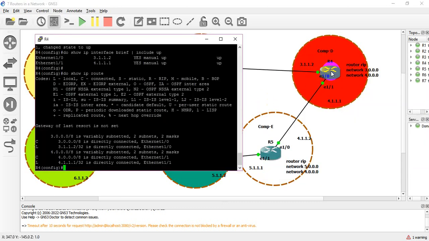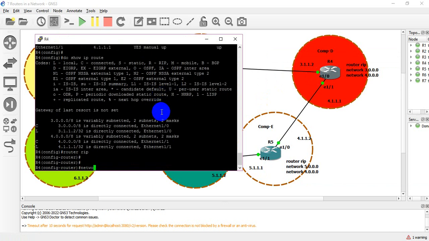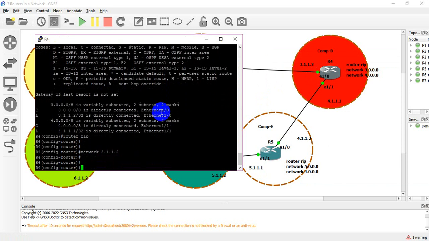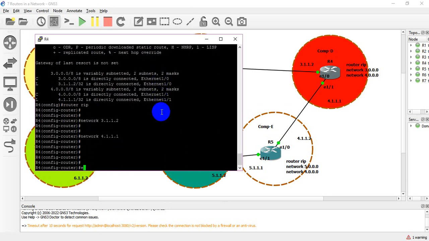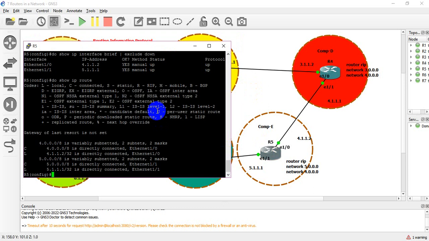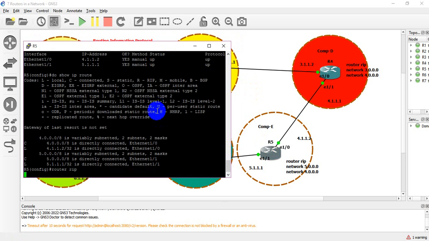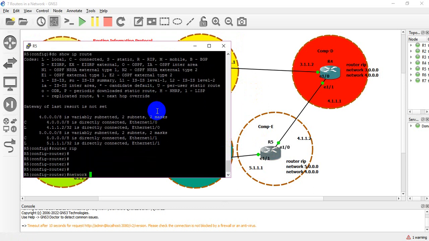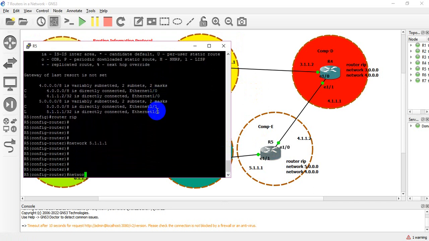Same for these routers as well. You can also give the IP address in place of the network, like I'm giving now.